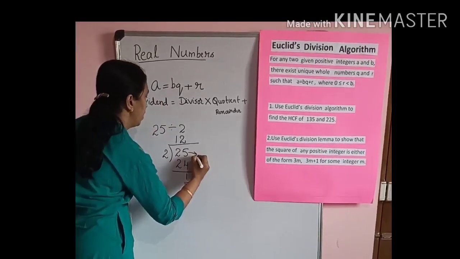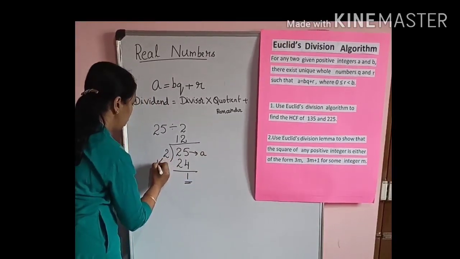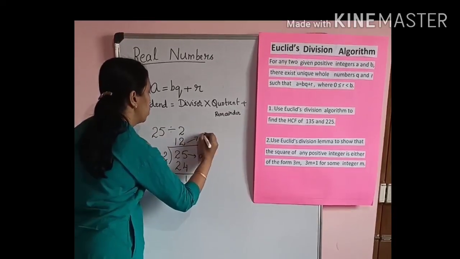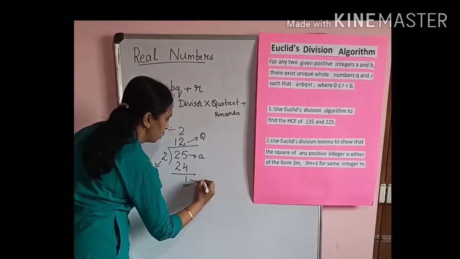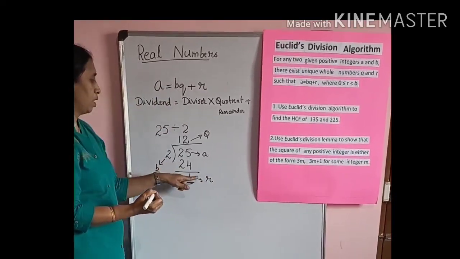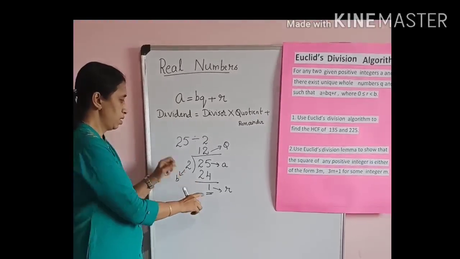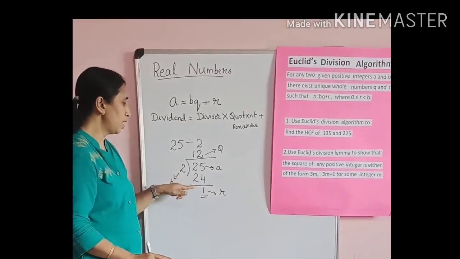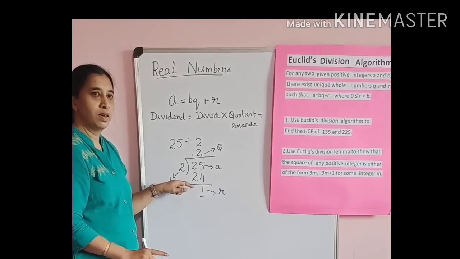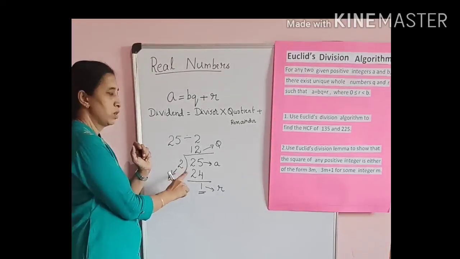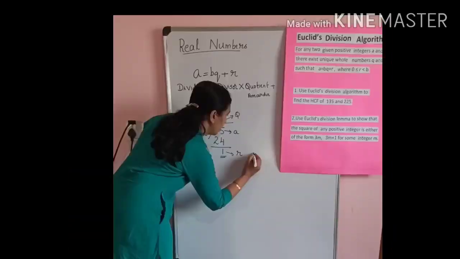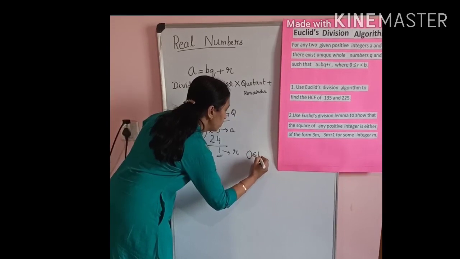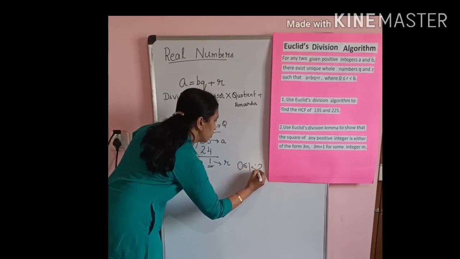Here 25 is a, 2 is b, 12 is the quotient and 1 is the remainder. Now if you see this example, we got remainder as 1, which is less than the divisor. Which is the divisor here? It is 2. So we can write the condition as 1 is greater than or equal to 0, less than 2.